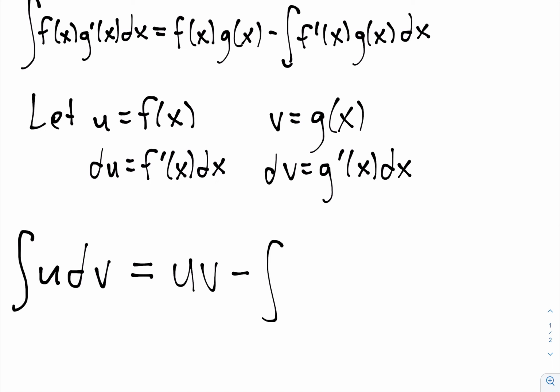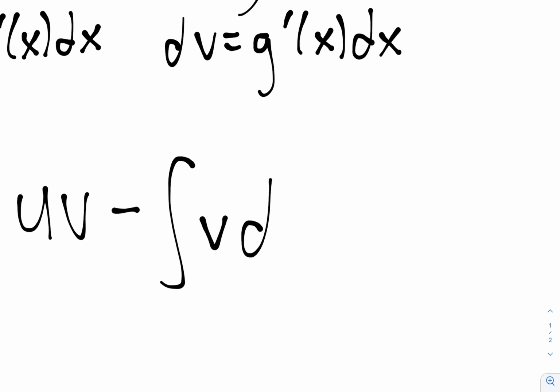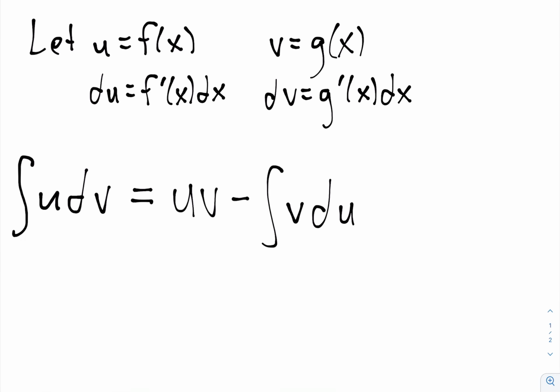So g of x is v, and I'm going to bring that to the front. And we're left with f prime of x times dx, which is just du. So this is what we're left with: the integral of u dv equals uv minus the integral of v du.